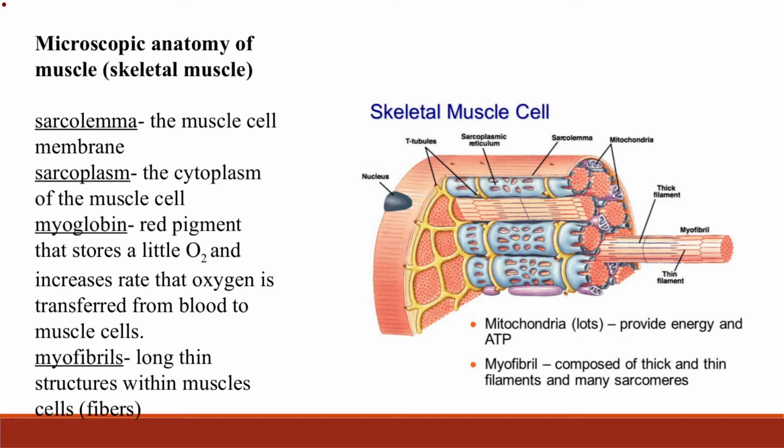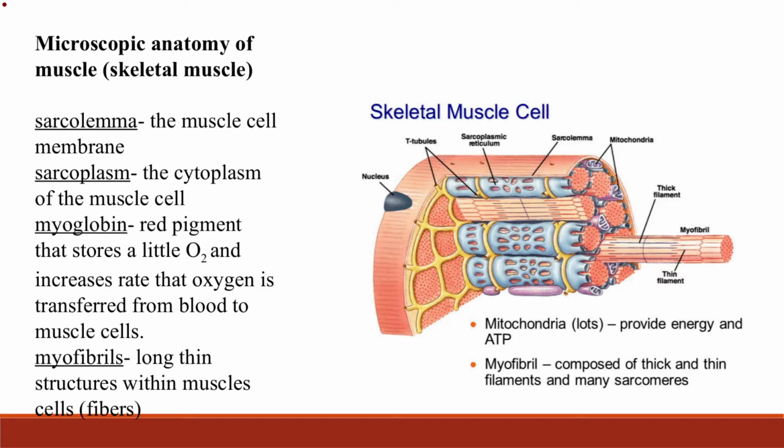Then we have something called myoglobin. Myoglobin is a red pigment and it stores some oxygen. And that's important because oxygen is required for the reactions that produce ATP. And so we need ATP because it is energy, and that's how our cells are going to do work.